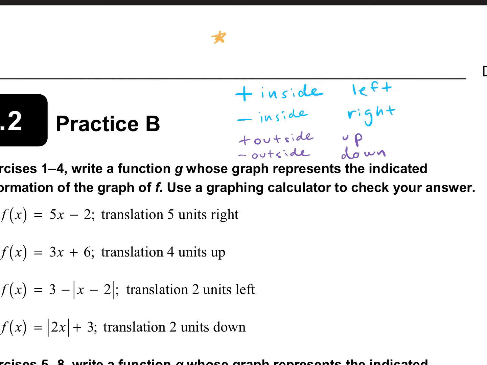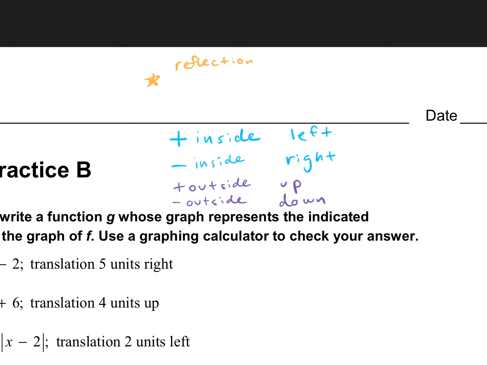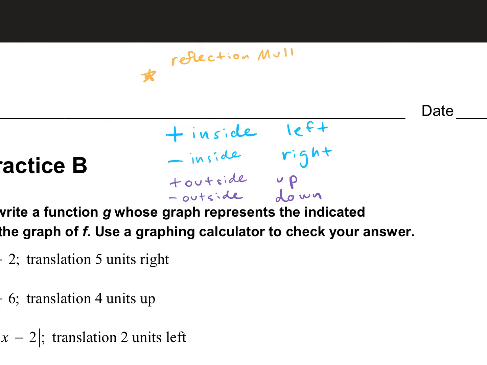Also, don't forget, if there is a reflection, we multiply by -1. If it's on the x-axis, what does it get multiplied to? Everything. So we would have to distribute. If it's on the y-axis, what does it get multiplied to?